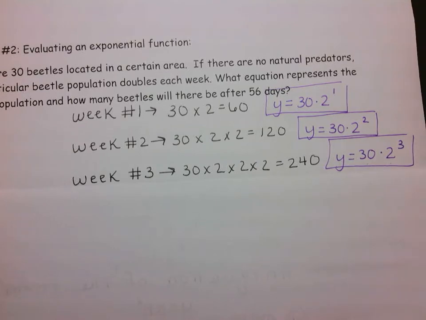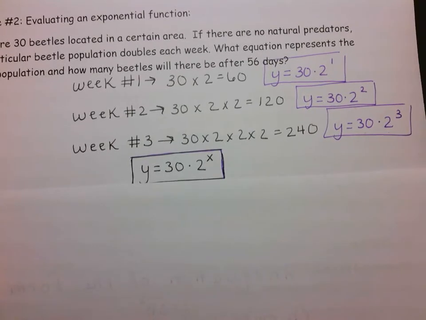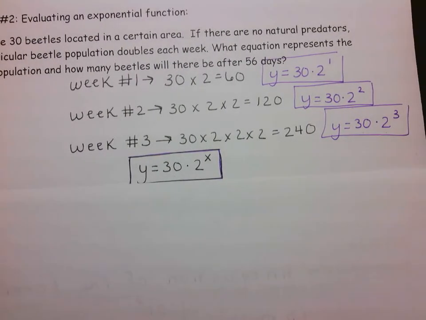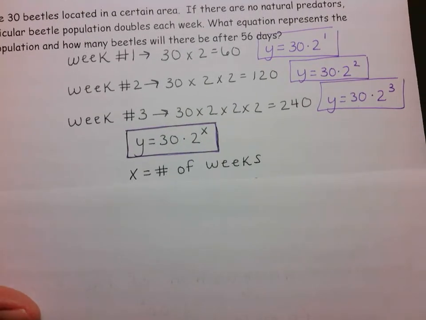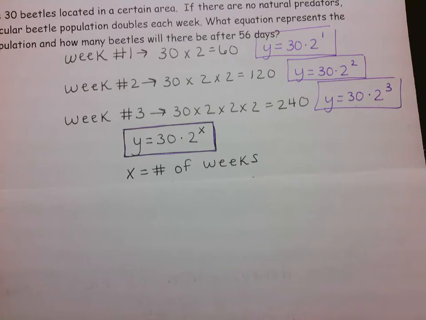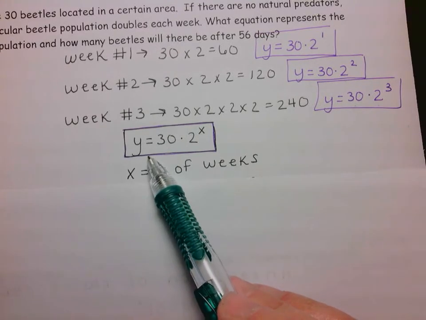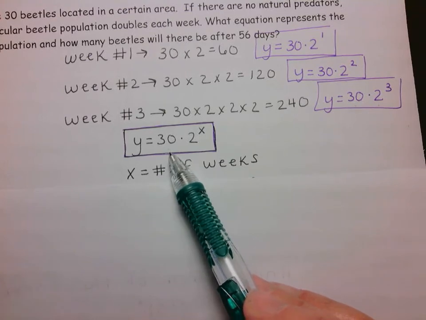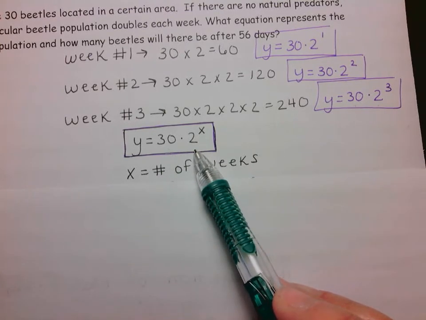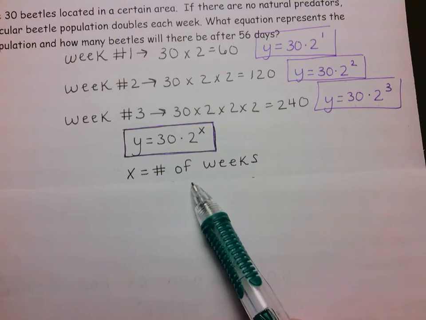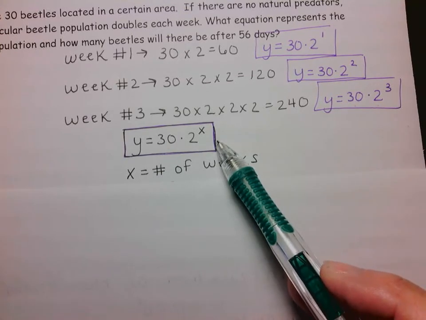So what's the equation that represents the growth in the beetle population? What am I doing? I'm doubling my population every week. So I can say y, which is the total number of beetles, equals 30 times 2 raised to the x power when x equals your number of weeks, because I'm doubling my beetle population every week.